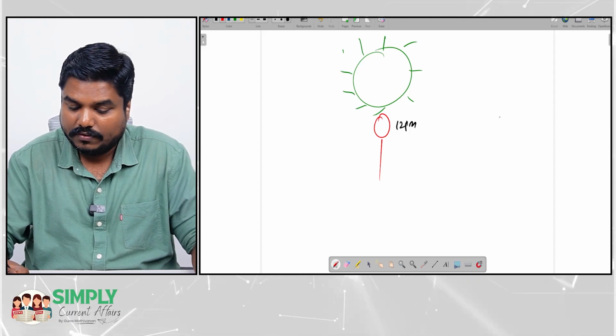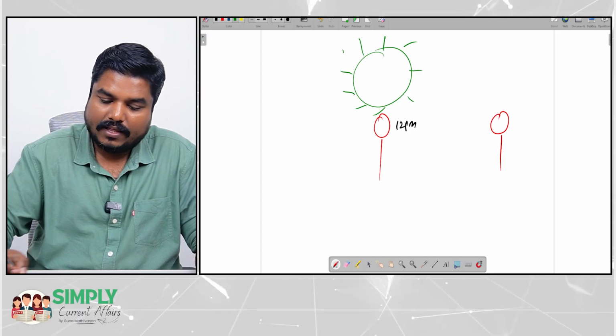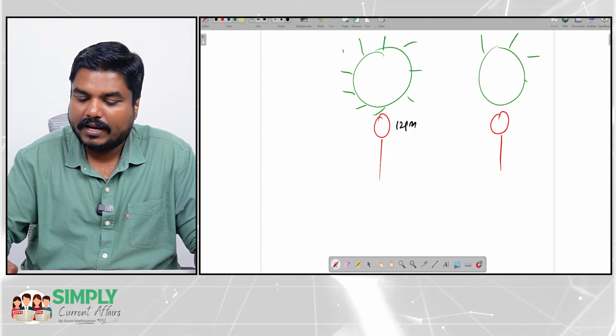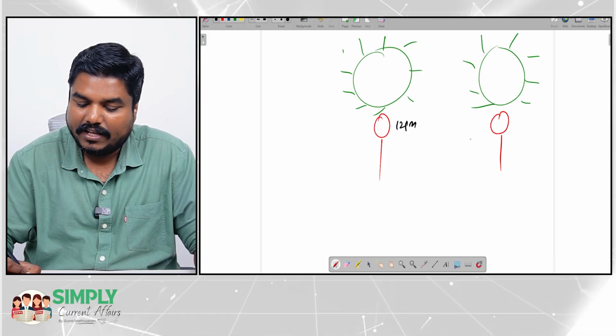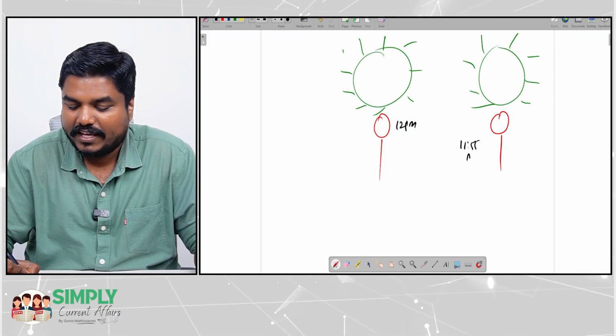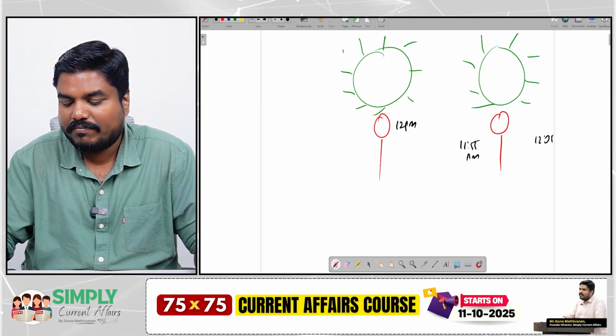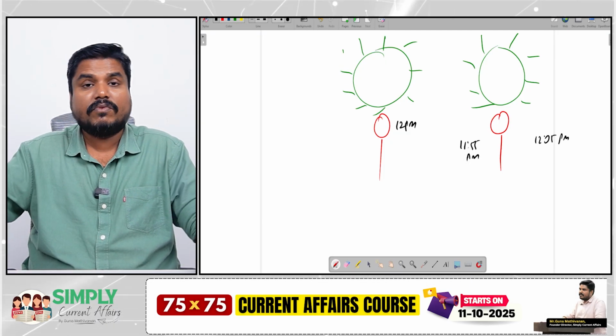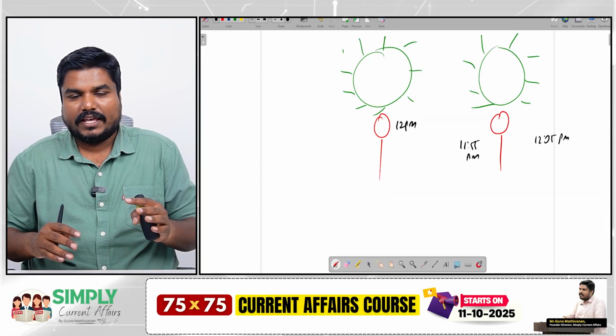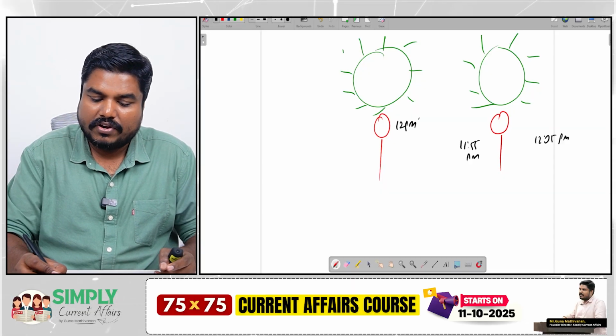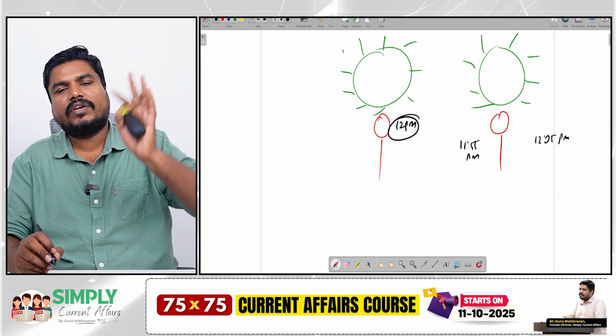But tomorrow, the sun might be exactly overhead either at 11:55 a.m. or 12:05 p.m. Day after tomorrow, the time can vary. So don't think that every day at 12 p.m. the sun will be above your head.